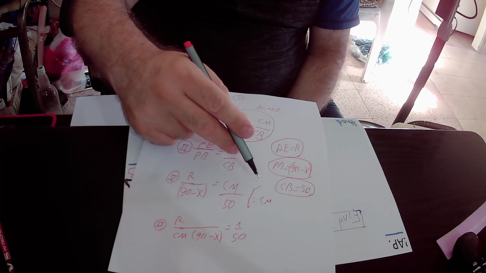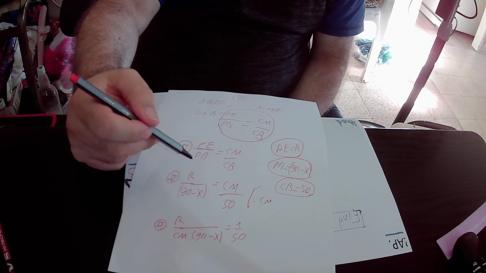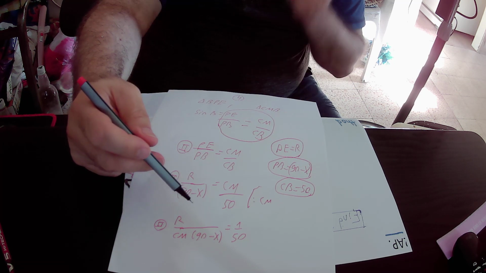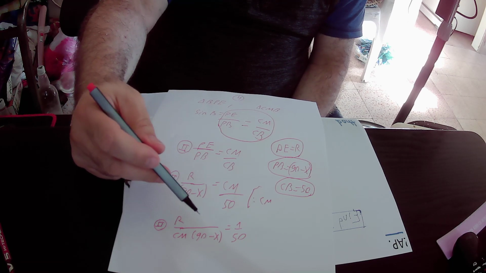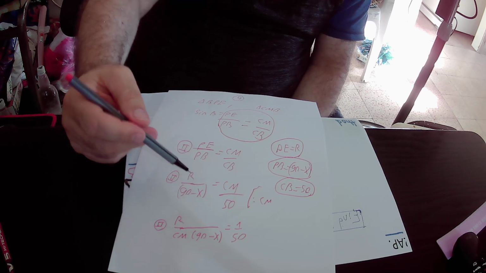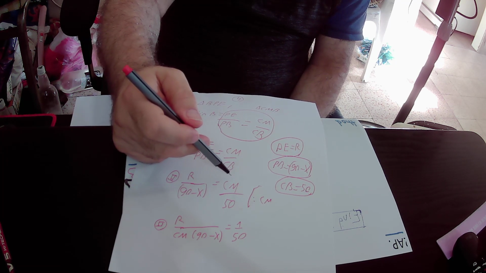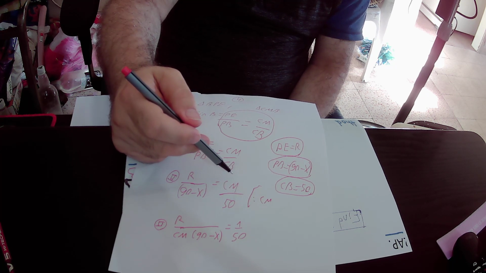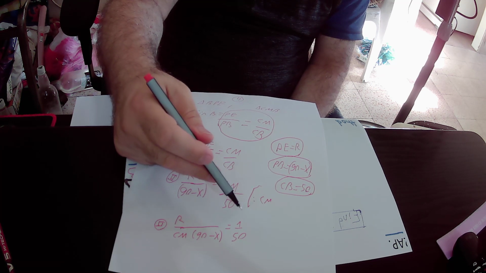Here we divided both sides of the equation by CM, so R over 90 minus x divided by CM equals R over CM times 90 minus x, and CM divided by CM equals 1. So we got in total that CM over 50 divided by CM equals 1 over 50.